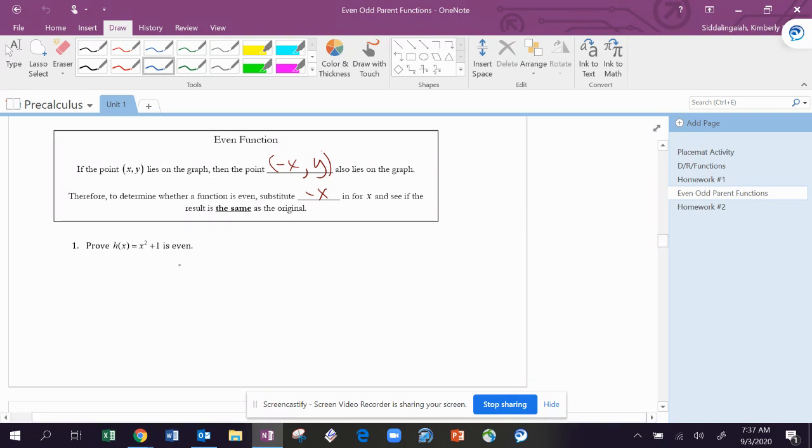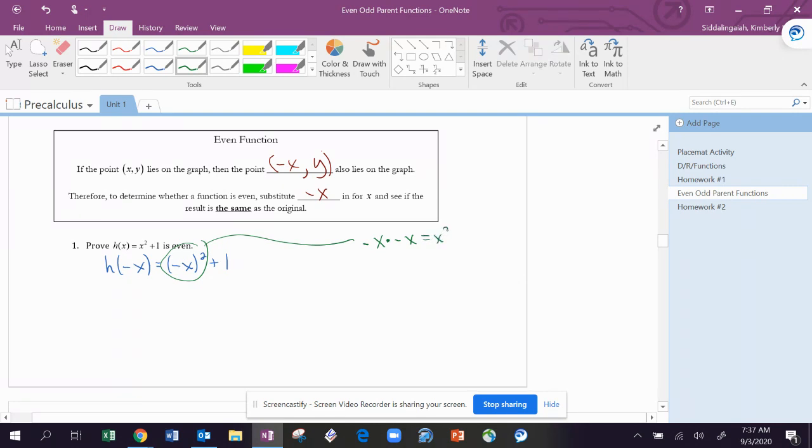So to prove h of x is even, first we're going to do h of negative x. So if I plug in negative x here, I get negative x quantity squared plus 1. So just to think about this piece for a little bit, that's negative x times negative x. Well, negative 1 times negative 1 is a positive 1.